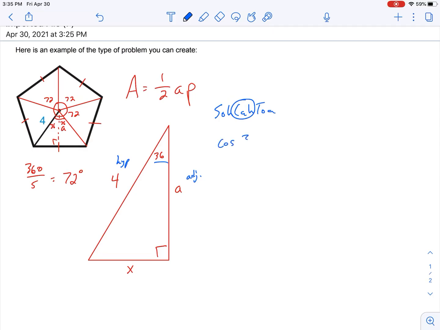So I'm going to say the cosine of the angle of 36 equals the apothem over the hypotenuse. To solve for A, I'm going to multiply both sides by 4. That cancels that out. So in my calculator, ensuring, of course, that I am in degrees, I'm doing 4 times the cosine of 36, which, rounded off, gives me about 3.24 for the apothem. I'm going to keep rounding to the nearest hundredth here. So now I've calculated the apothem.